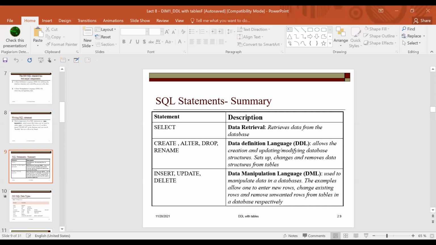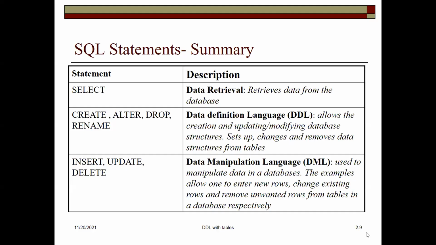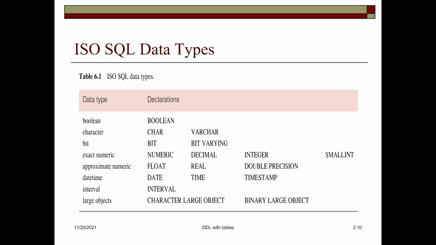That's what I wanted to throw light on. So also when you're creating the data types, they are part of the structure of the database. We have different types of data types. That's just a small example of the data types.